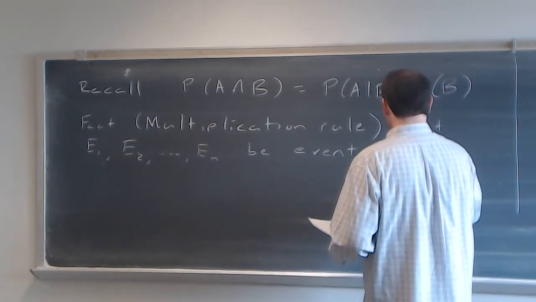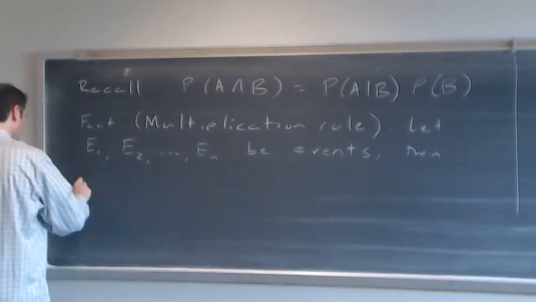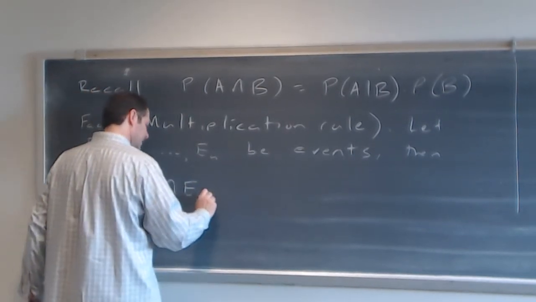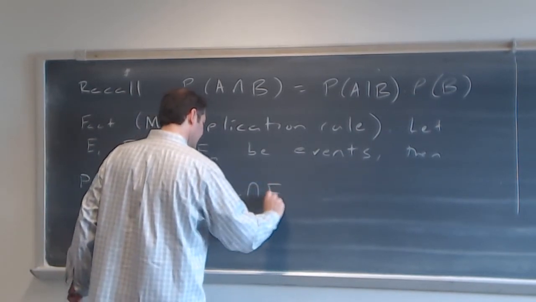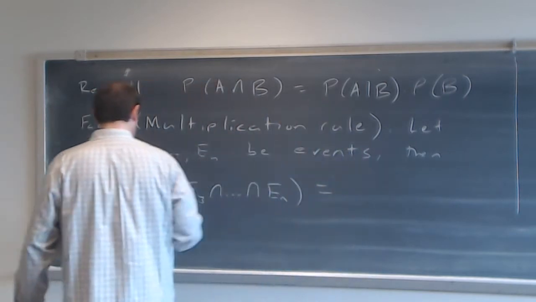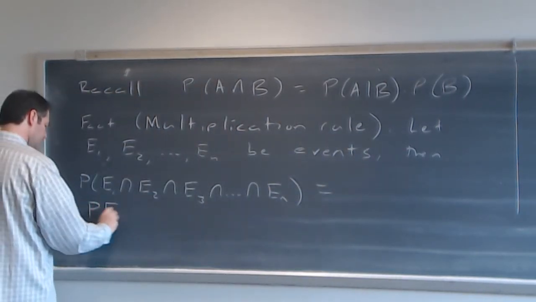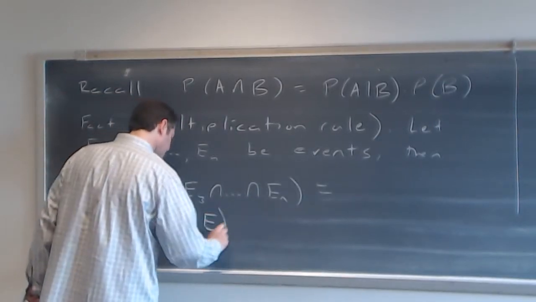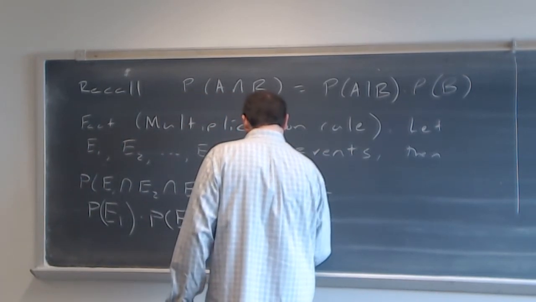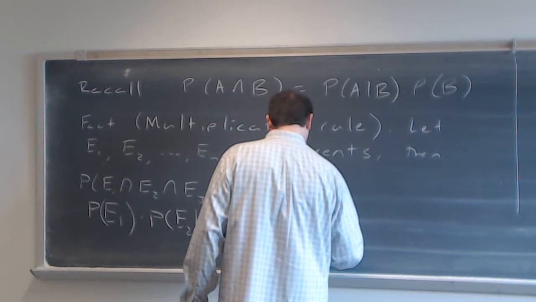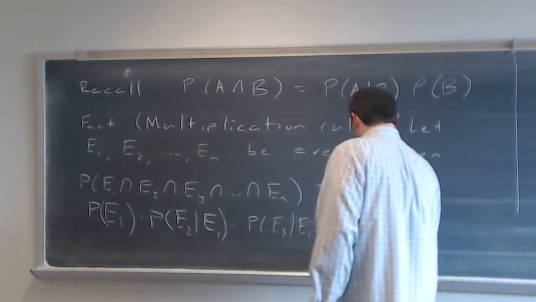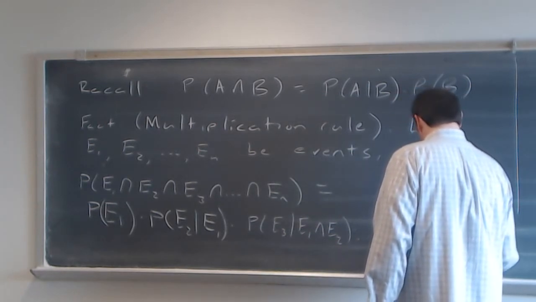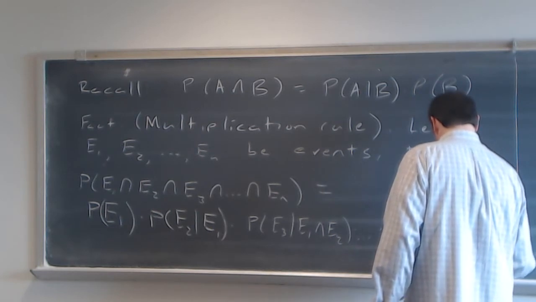Then the probability of E1 intersect E2 intersect E3, all the way up to En, is equal to the probability of E1 occurring, times the probability that E2 occurred given that E1 occurred, times the probability that E3 occurred given that E1 and E2 occurred, and we'll keep going, all the way times the probability that the last event happens given that the previous n-1 events occurred.